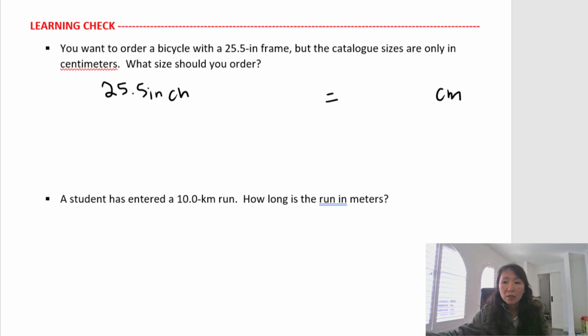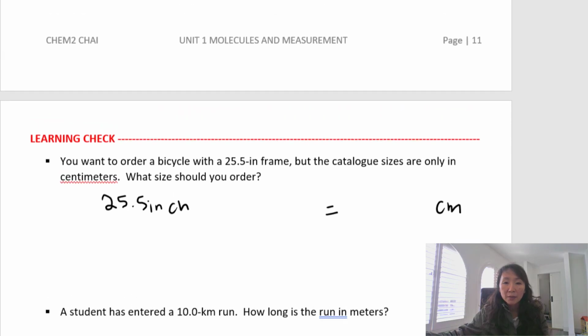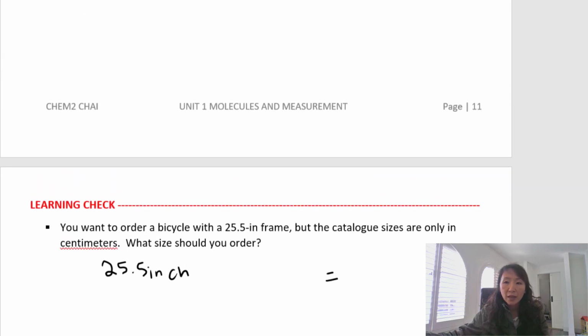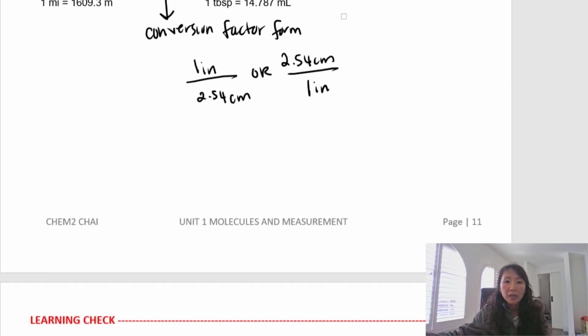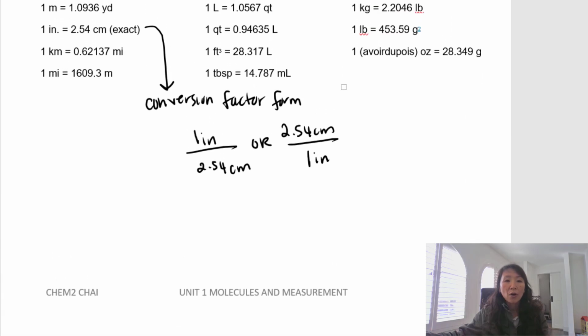Based on what we saw up here, we said that 1 inch is equal to 2.54 centimeters. So which one am I going to use in order for me to do some type of calculation?